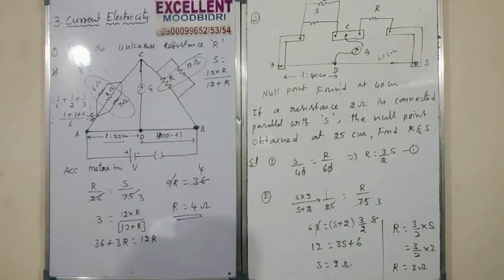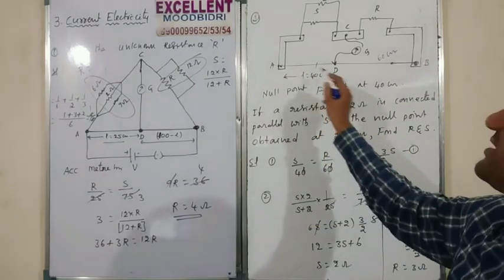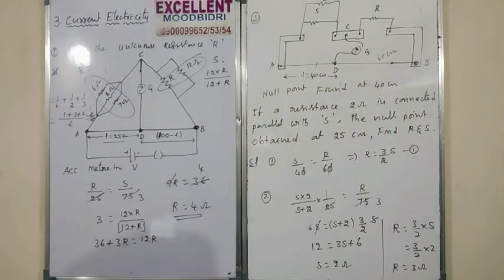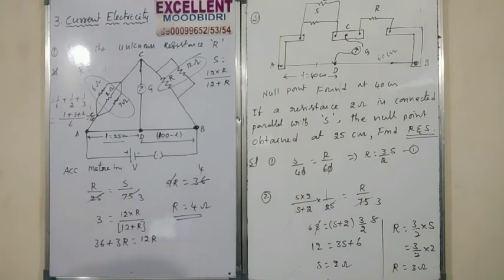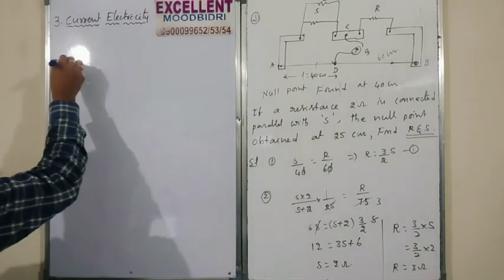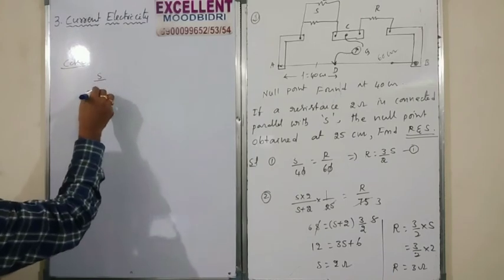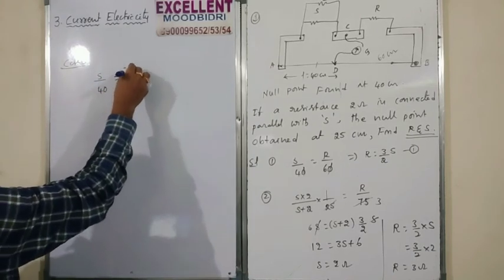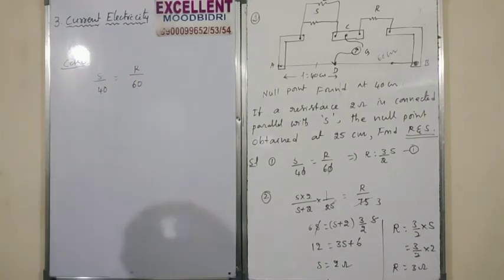If I connect one more resistor here, 2 ohms, what would happen? The null point will come up to here. So this is the L, this is the L2, L dash like that only. Then what are R and S? Case 1: S by 40 is equal to R by the remaining length, 100 minus 40, which is 60.